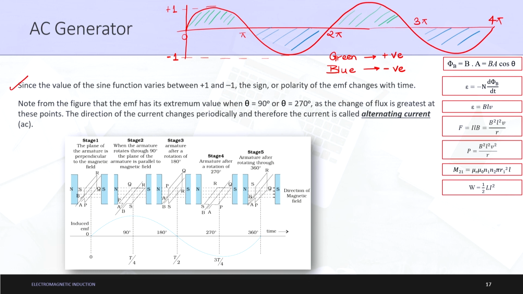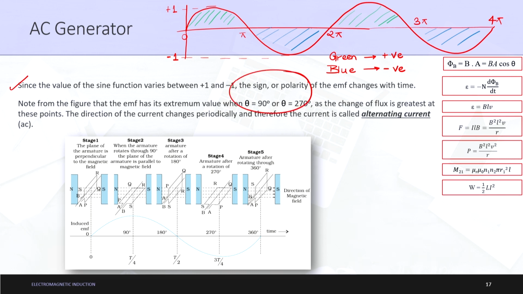So, since the value of the sine function varies between plus 1 and minus 1, the sign or polarity changes. When I was talking to you about Lenz's law, the concept of polarity was coming again and again. I had told you that in mathematical terms polarity is nothing but a sign of plus and minus.